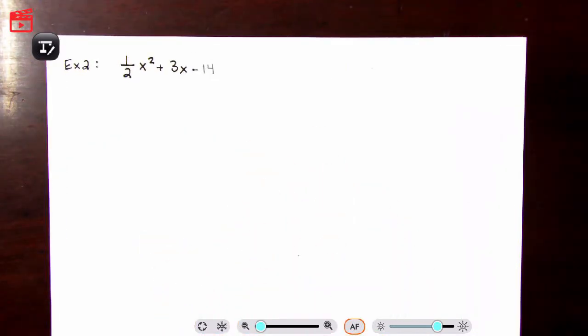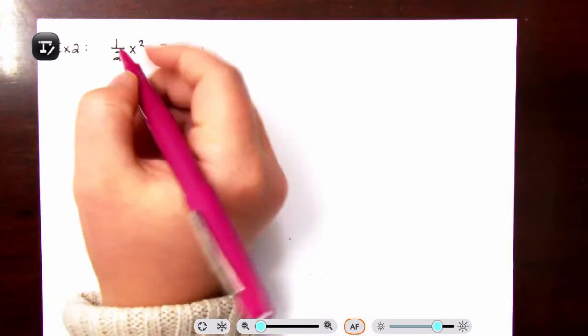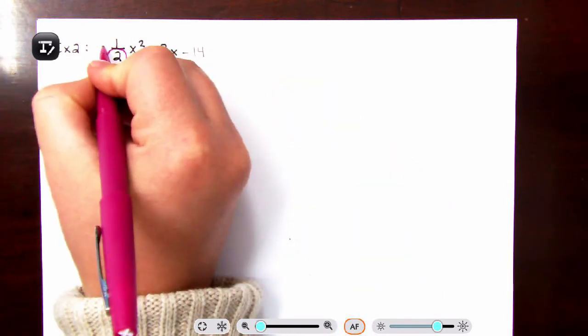So here's an example with a fraction. Now sometimes you'll get a fraction in the original equation, but sometimes the fraction will come out later. If it is the original equation, you can get rid of the fraction. If it comes later, you can't really do that. But if it is the original, you're going to take the denominator of the fraction and multiply each term by it.